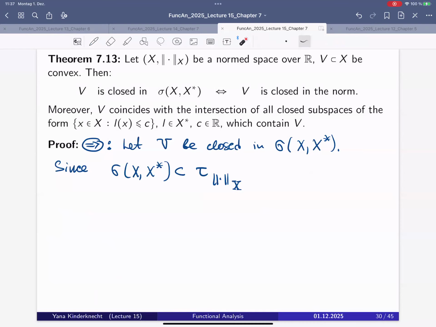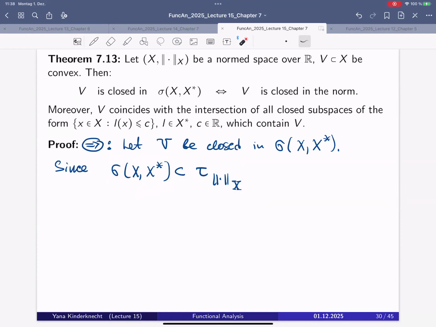If x is finite dimensional, these two topologies coincide. If x is infinite dimensional, then this topology is strictly weaker. This means that all open sets from here are also open sets from here. And closed sets in this topology are the sets whose complements are open.